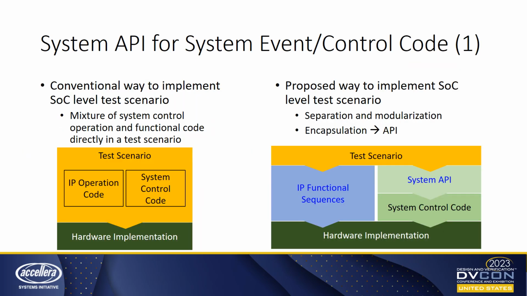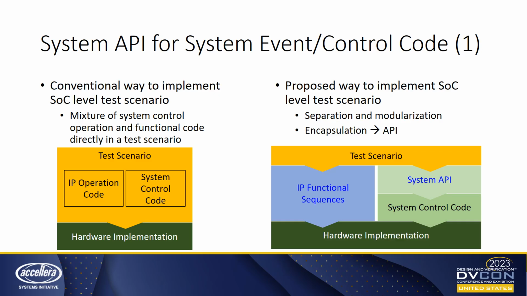From this page, I will talk about the system-level test code reusability. When developing an SoC-level test scenario, the conventional way is to mix up IP functional operation and system control code directly in a test scenario. However, it cannot reuse all the code because the system control code has product dependency.